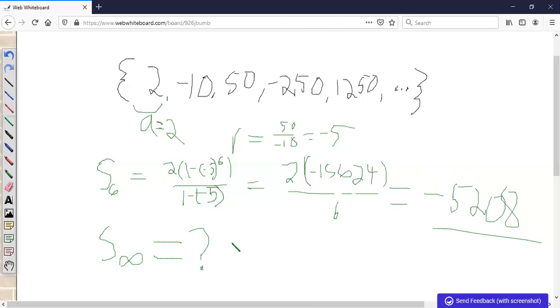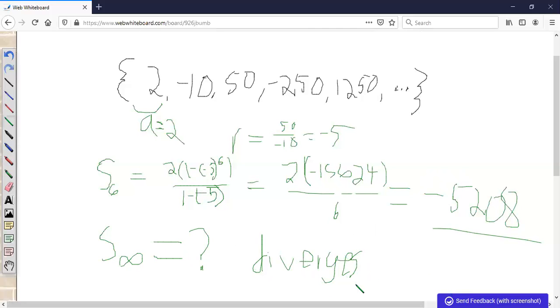Any ideas what this is going to be before I reveal the answer? That's right. It's divergent. Unless you didn't think it was divergent, in which case, no, that's wrong. It's divergent.